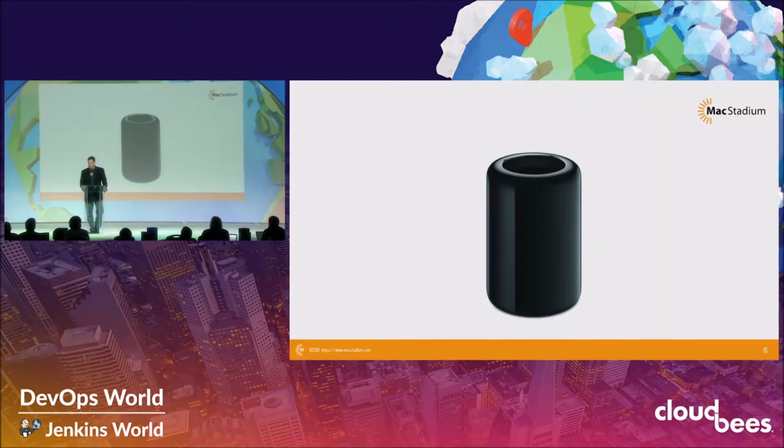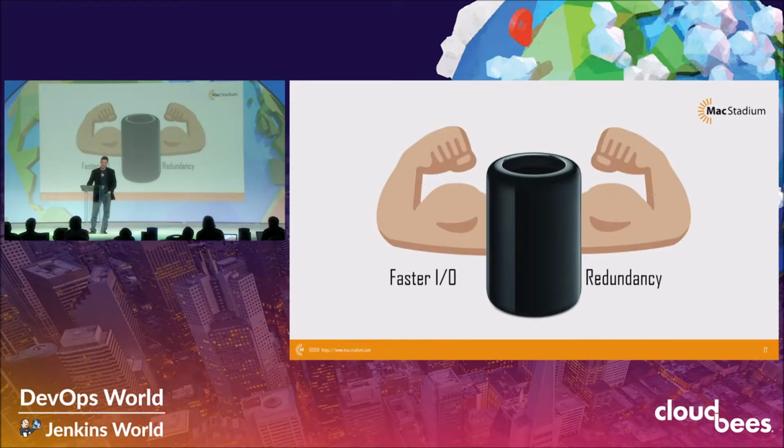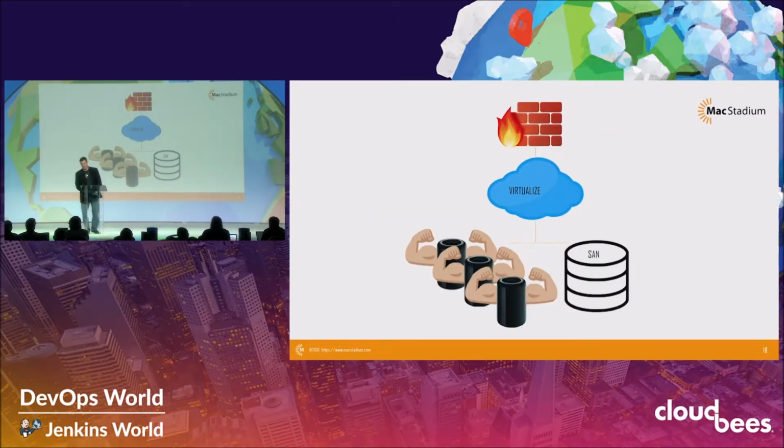And the way we do it is we take your typical Mac footprint, we beef it up. So we're adding fiber channel, we're adding redundant power, we're throwing it on a SAN with flash, we're putting it behind a firewall, we're giving you a proper cloud-based network.